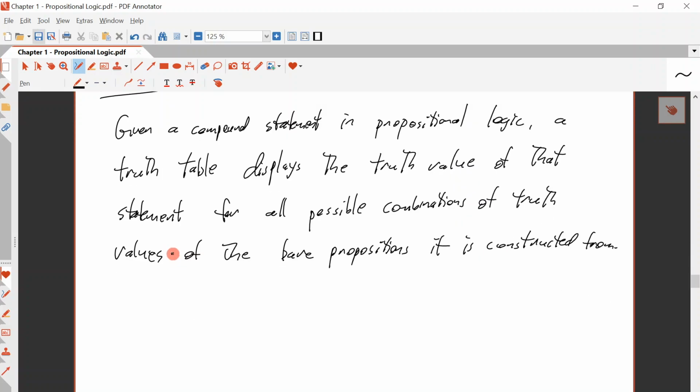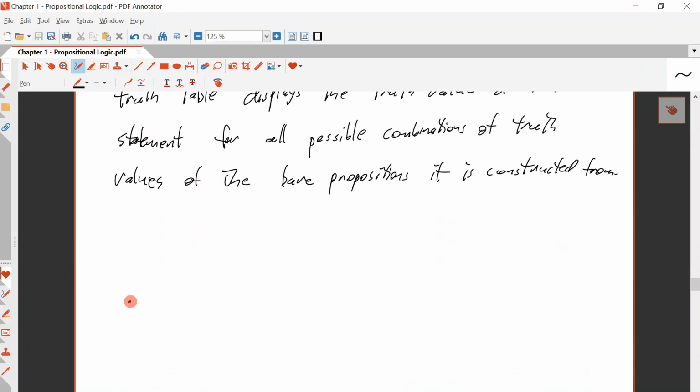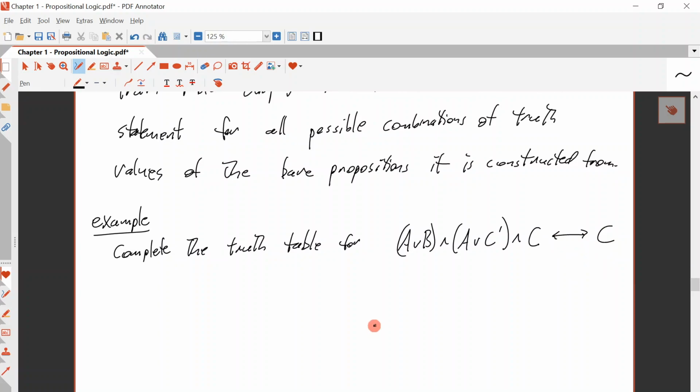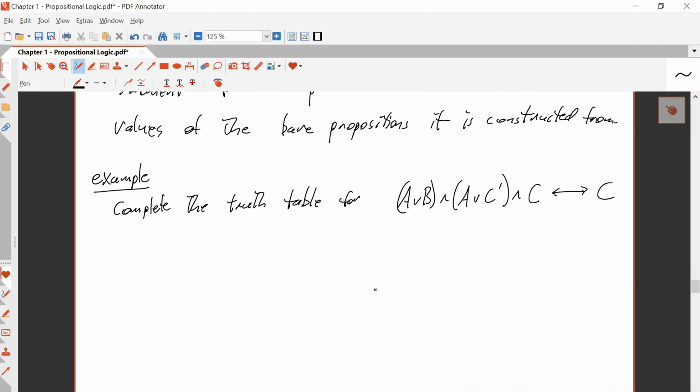So, for example, complete the truth table for the statement: A or B, conjunction, A or not C, conjunction, C, logically equivalent to C. I have this statement and I want to write the truth table for it.